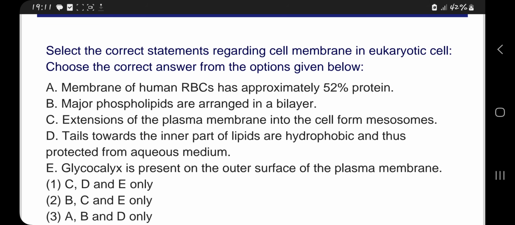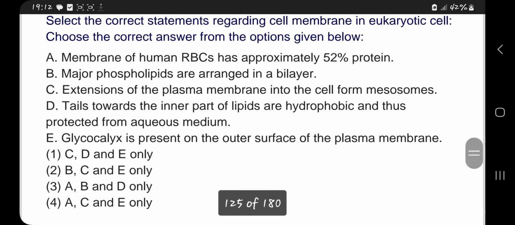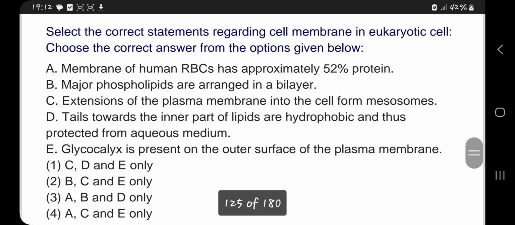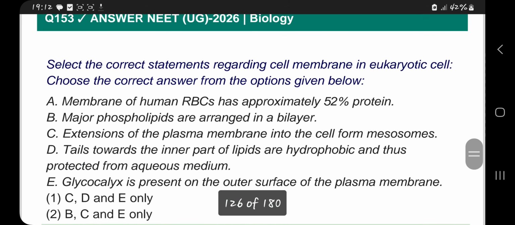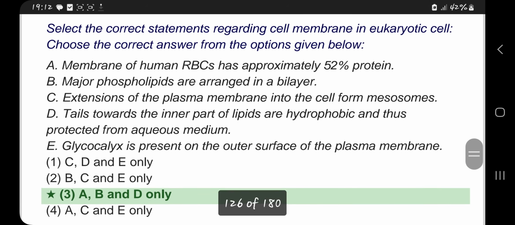D, tails towards the inner part of lipids are hydrophobic and thus protected from the aqueous medium. E, glycocalyx is present on the outer surface of the plasma membrane. So it is cell wall. So the correct answers, choose the correct answers: membrane of human RBC has approximately, I think around 48% protein. So A wouldn't be correct. So the answer is A, B and D only.